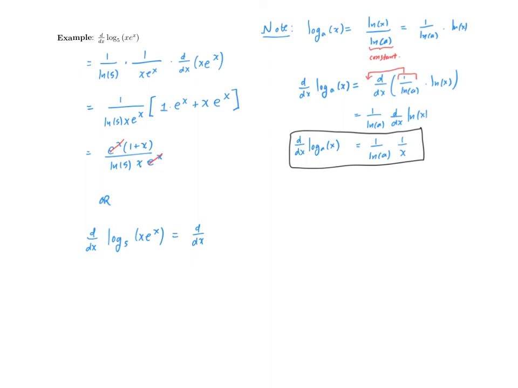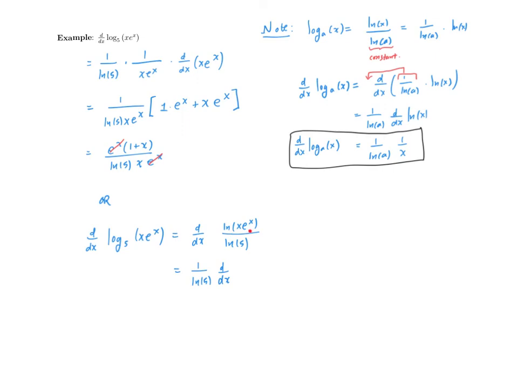This is equal to natural log of x e to the x over the natural log of 5. 1 over the natural log of 5 is a constant. We can pull that in front of the derivative, just like we did above.